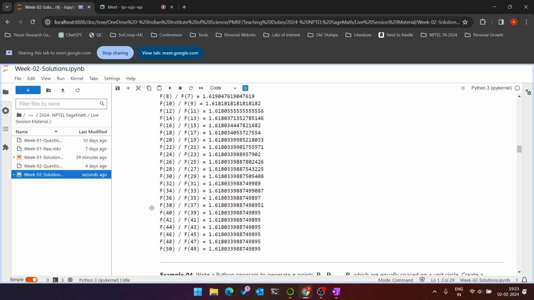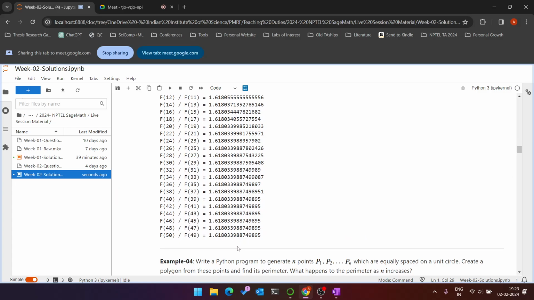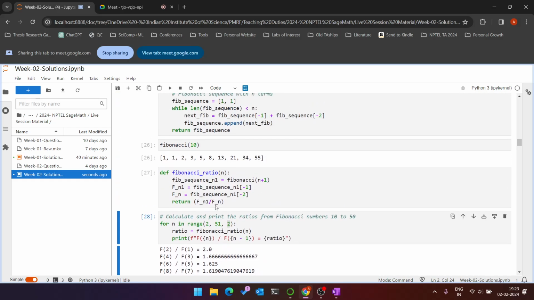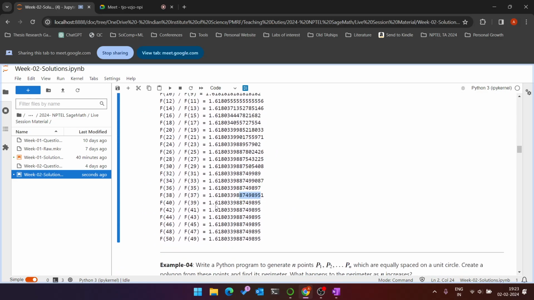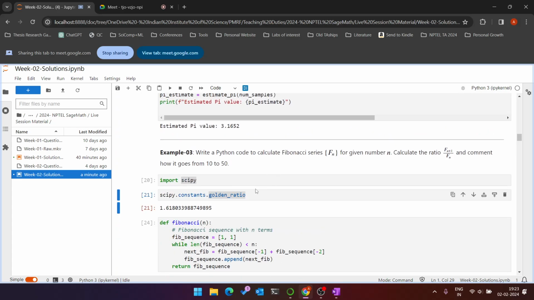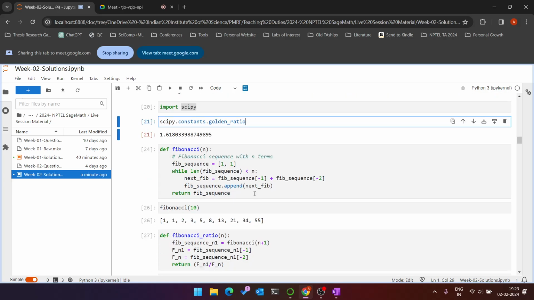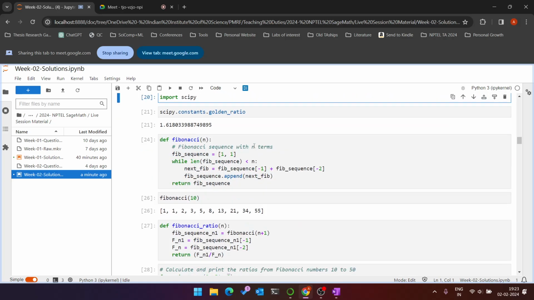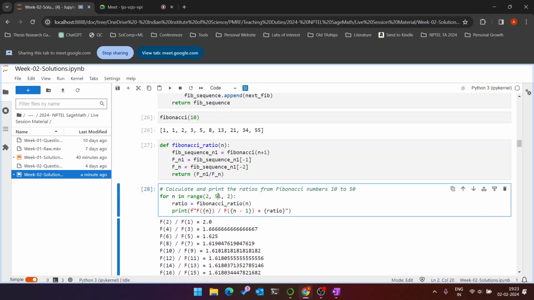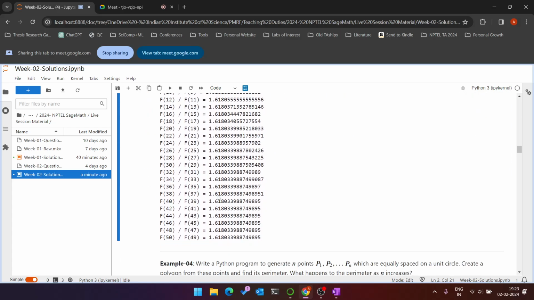And if we keep on running this series, you can see that after about this point, it almost converges to the golden ratio itself. Okay, hopefully this example is clear. Any doubts here? Otherwise, I will move forward to the next one.